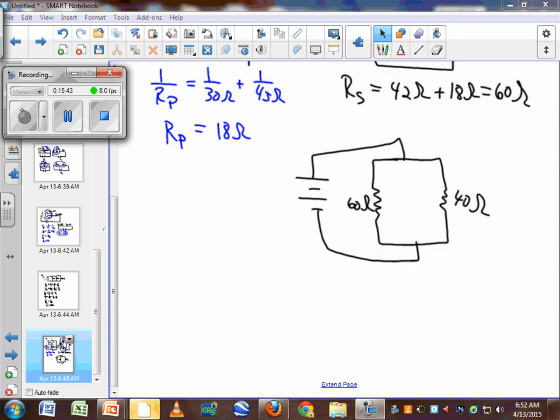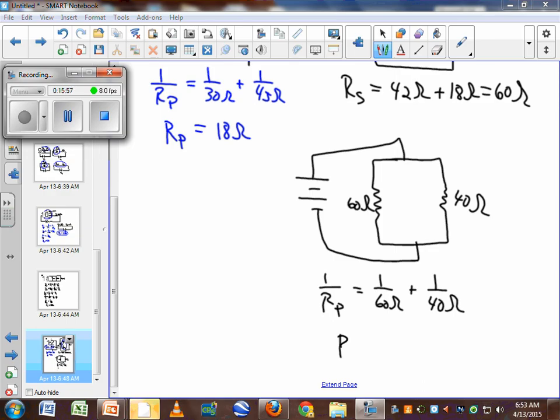So those two resistors have combined to give me 60 ohms, and now we have this parallel circuit. So 1 over Rp equals 1 over 60 plus 1 over 40. And if you go ahead and do the mathematics there, you end up with an equivalent resistance of 24 ohms.